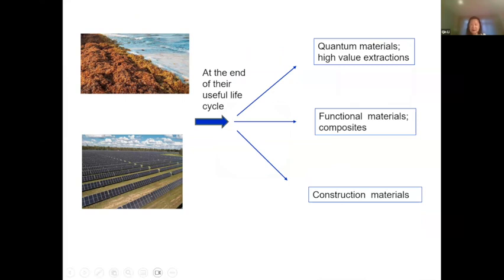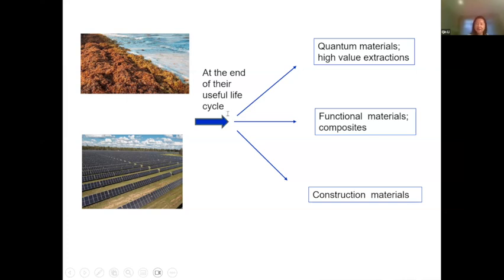And we heard about how to extract things, how to repurpose, how to redesign and resynthesize them into, I think what we have heard particularly is functional materials, composites, polymers, and sometimes we also heard some mention about construction materials. And we did hear about high value extractions.